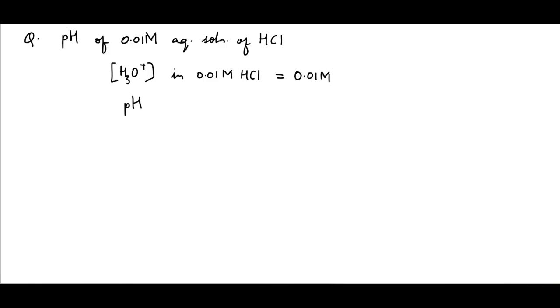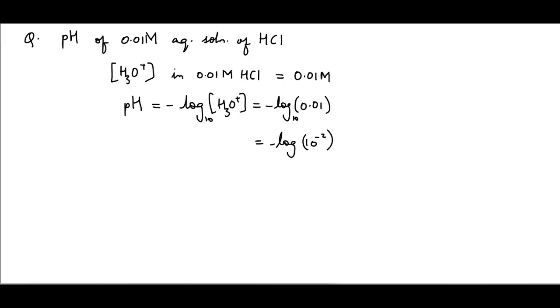So pH is therefore negative log of concentration of H3O plus to the base 10. So negative log of 0.01, which is 10 raised to minus 2, so we can write minus log of 10 raised to minus 2 to the base 10. So minus of minus 2, which is nothing but 2.